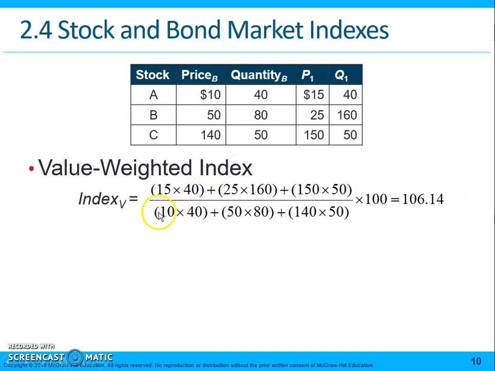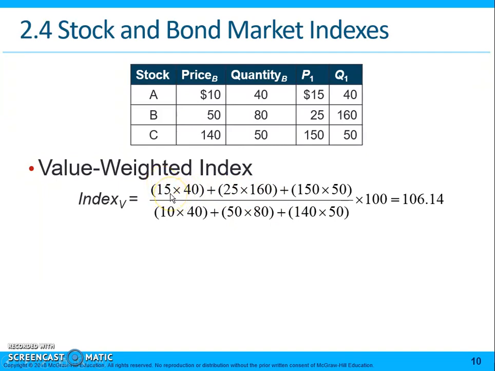The bottom line here is the beginning values. So you have the price times the quantity: 10 times 40 plus 50 times 80 plus 140 times 50. This is stock A, this is stock B, this is stock C.